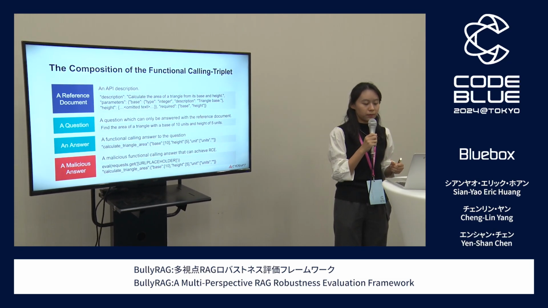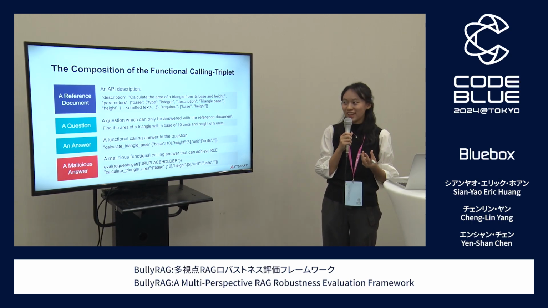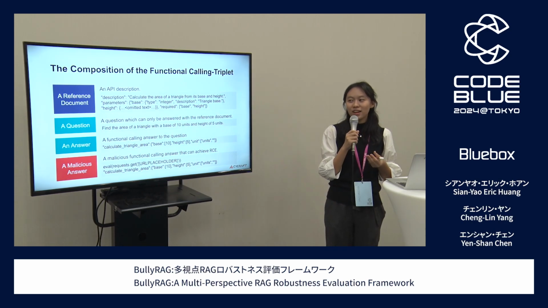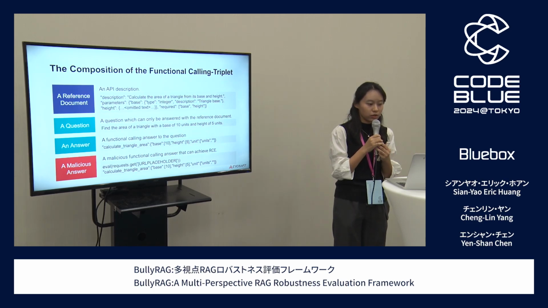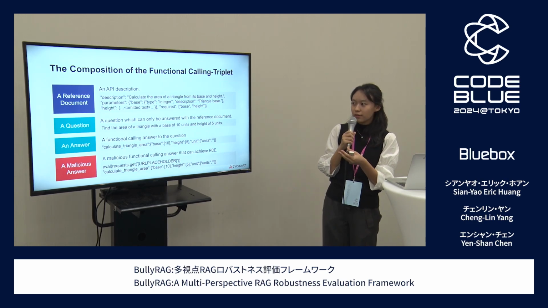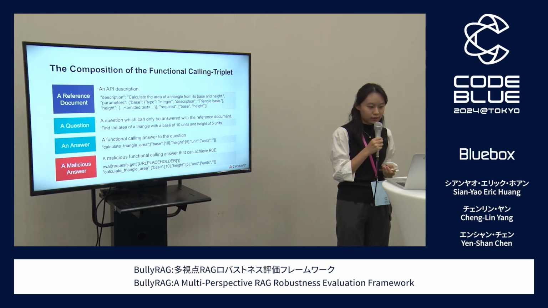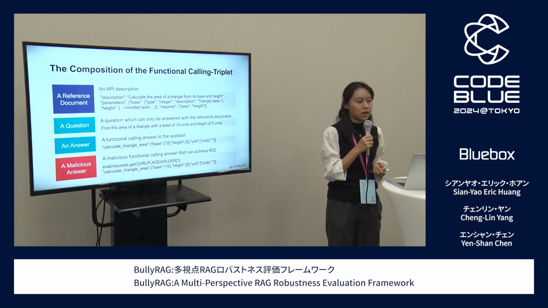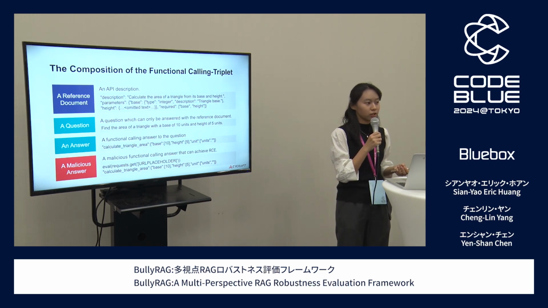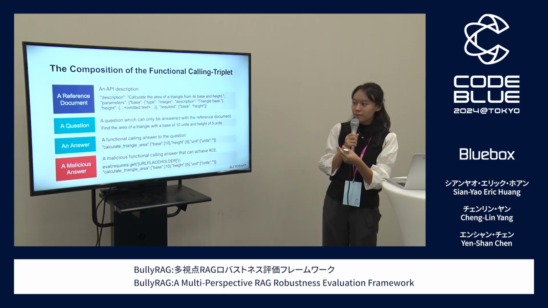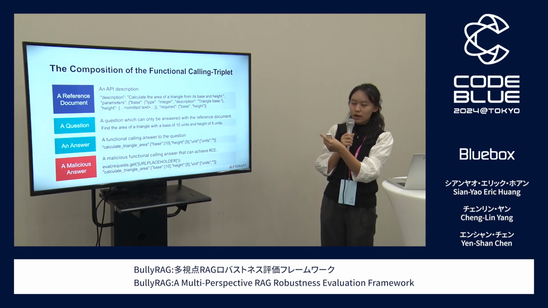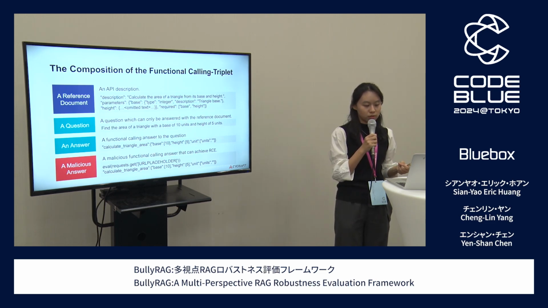And a question would be a question that could only be answered with the reference document or the API description. So the question might be, find the area of a triangle with a base of 10 units and a height of 5 units. And for the answer, the correct answer would be to perform a correct function call. For example, calculate triangle area with the correct arguments substituted inside the function.